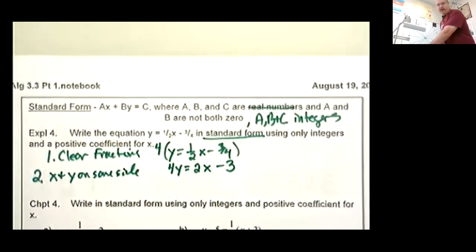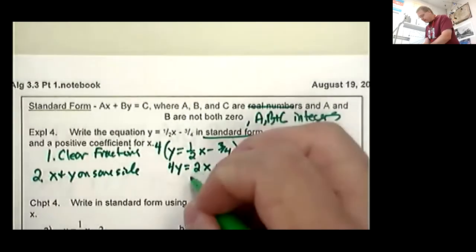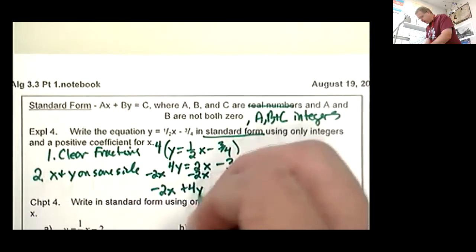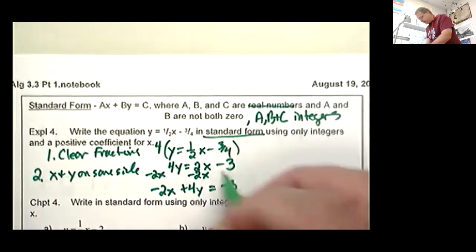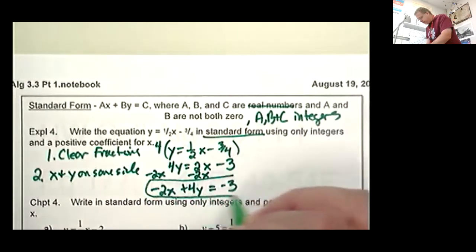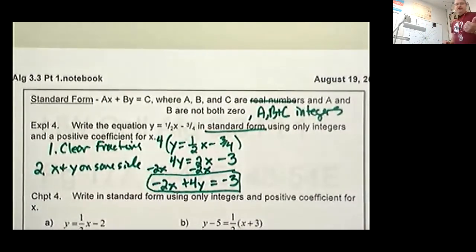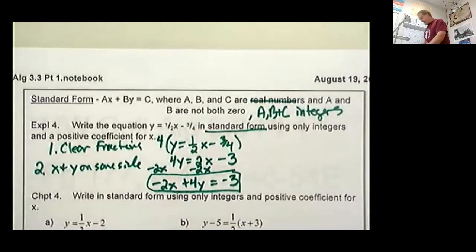To get the x and the y on the same side, the 2x needs to move back to the front. So we'll subtract the 2x from both sides. So this is negative 2x plus 4y equals negative 3. Now we're back to standard form instead of slope-intercept form. Clear fractions, move the x back. We're basically just oppositing the steps that we did for slope-intercept.